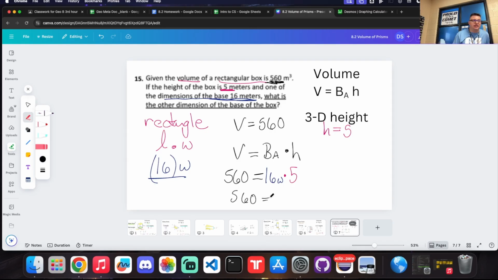So 560, if I did 5 times 16, I would get 80W. Divide both sides by 80, and you'll find what that W is. And it's in meters. Any story problem, you should have units established with it. And you should get 7 meters for your solution. Yes, no, maybe so.